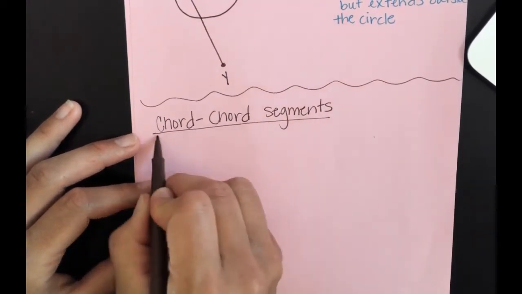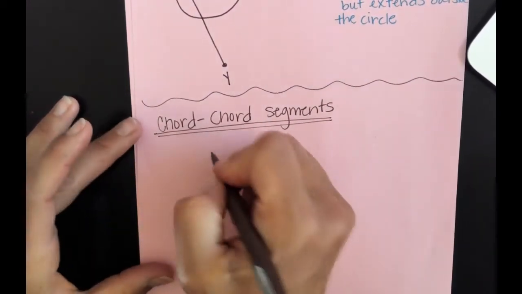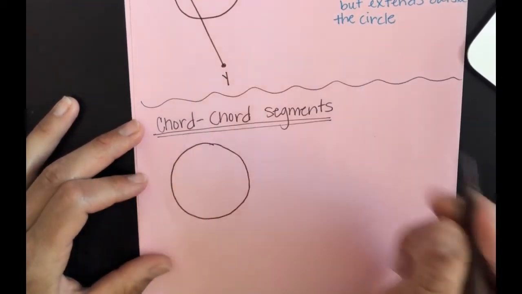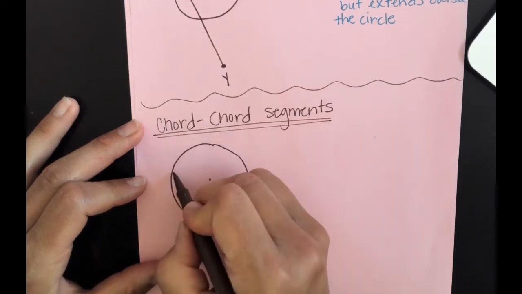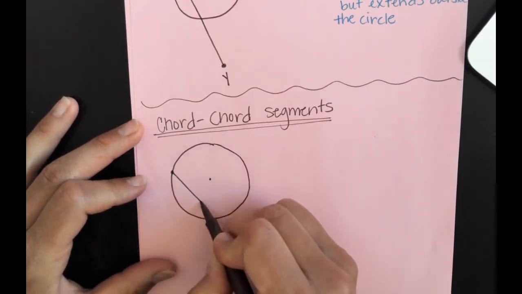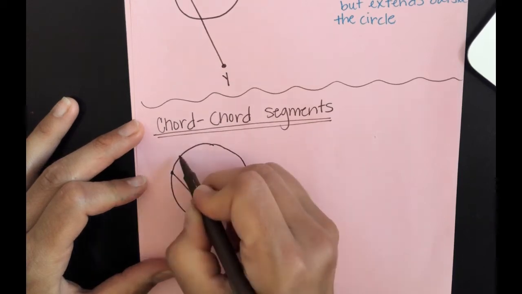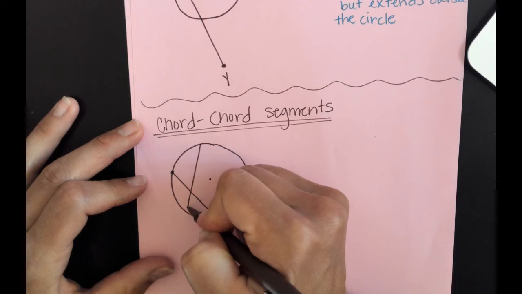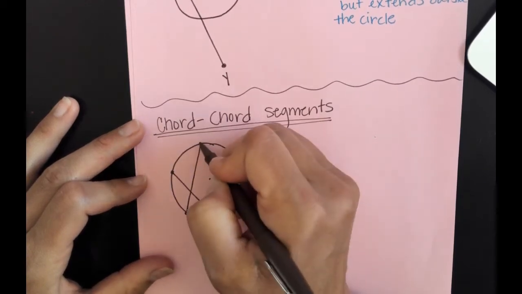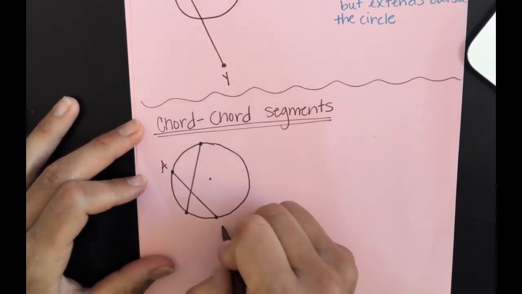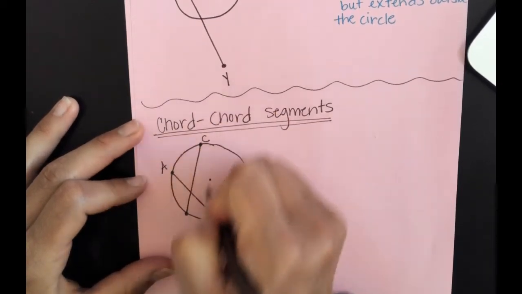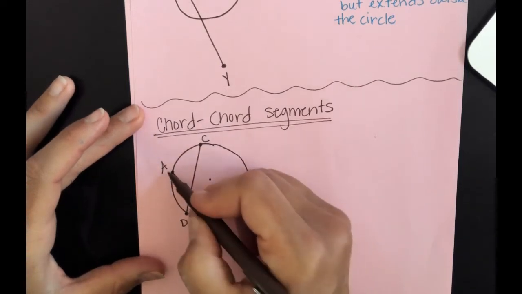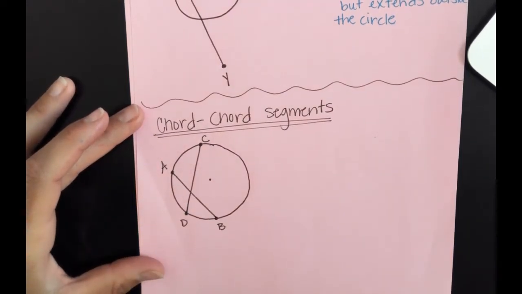It's going to be a combination of two chords in a circle. And they're not triangles. They appear to look like triangles, but remember those parts out here are rounded. But we do have two chords that are intersecting inside our circle. So two chords that are going to intersect inside our circle.